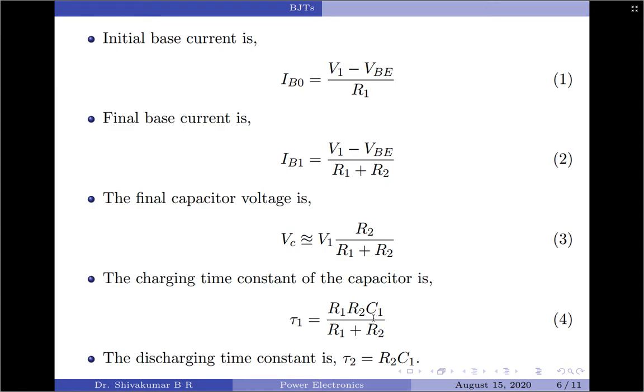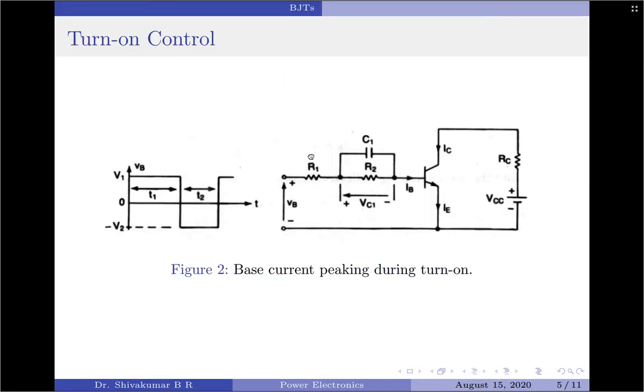Once the input voltage VB becomes 0, the base emitter junction is reverse biased and the capacitor discharges through the resistor R2. Now the discharging time constant is simply given by R2 into C, because once the input voltage is removed, the capacitor only discharges through R2.